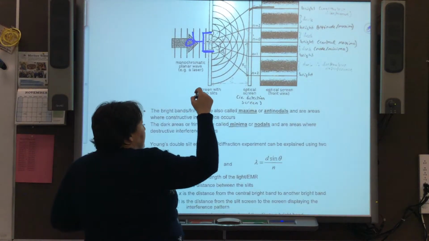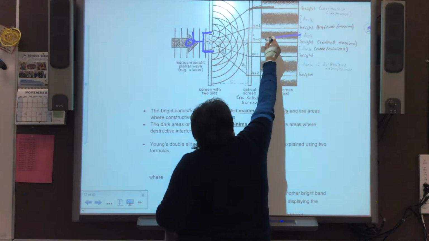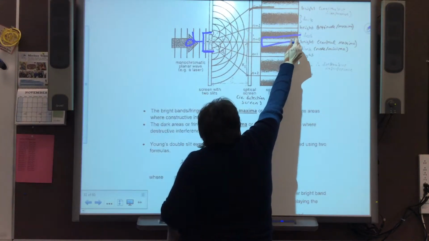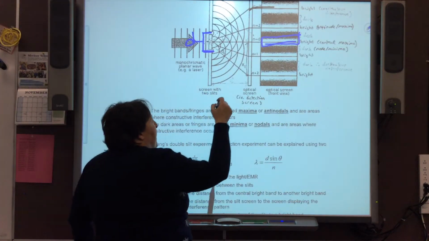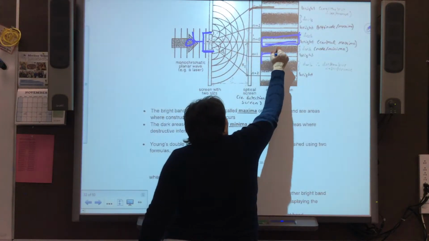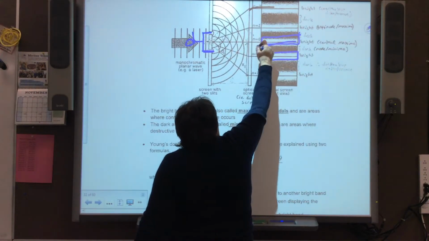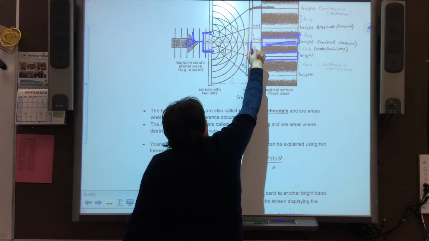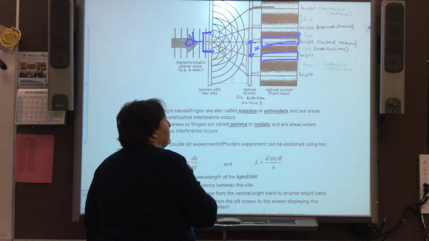X is the distance from the central bright band. So this is the central bright band here, to another bright band. So this distance here, from here to here, is X.